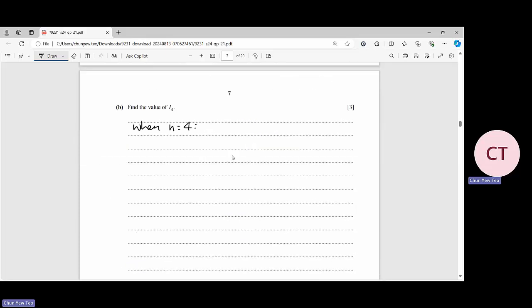You have 3 I4 equals to 3 over 5 power 2, 4 over 5 plus the 2 of I2. So I need to find I4. To find I4, I need to find I2 first. Then I only can finalize my I4.